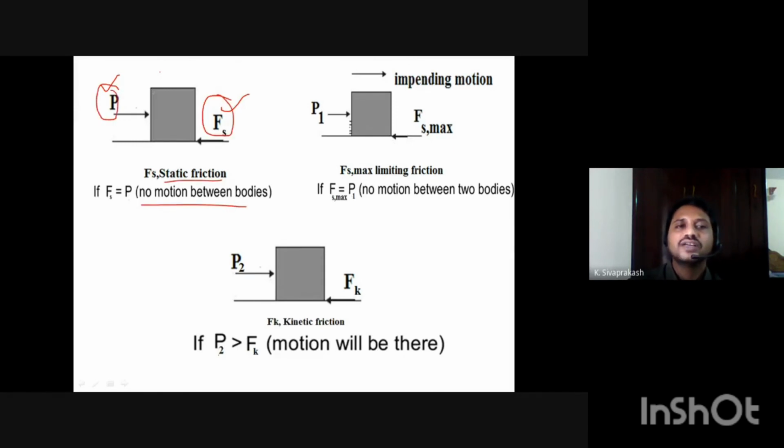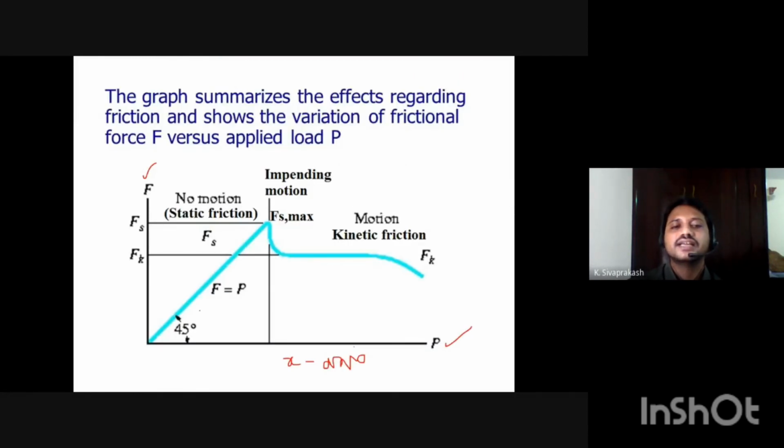When the body is not moving, it is under equilibrium condition, which means P is equal to F or Fs. So if you draw the graph between them, you will get a straight inclined linear curve, F is equal to P. Both are equal and the body is in a stationary condition.